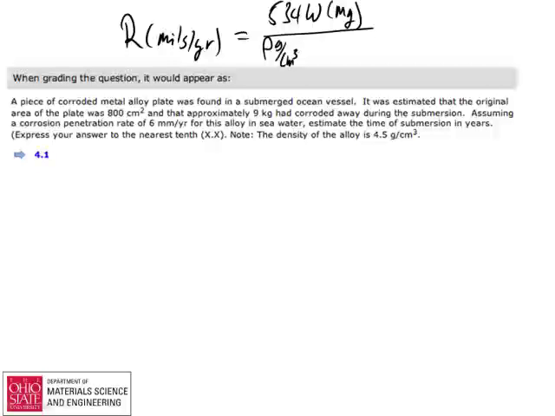He had at the bottom also area expressed in square inches, and he had time expressed in hours.